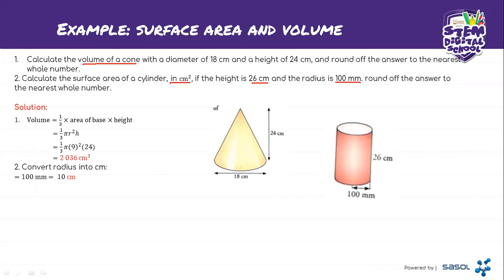Then you can just go and calculate the surface area for that cylinder. Then you write the correct formula for that, and then since we've got the value of r, as well as the height, the next step, you just substitute the values, then you press your calculator, then it's going to give us 2,262 centimeter squared.